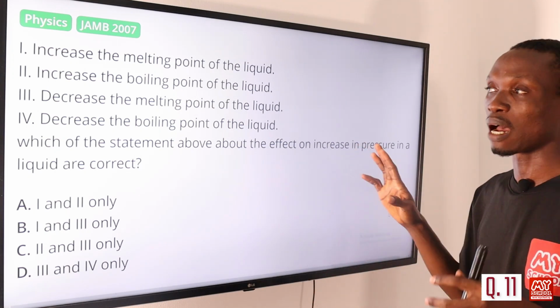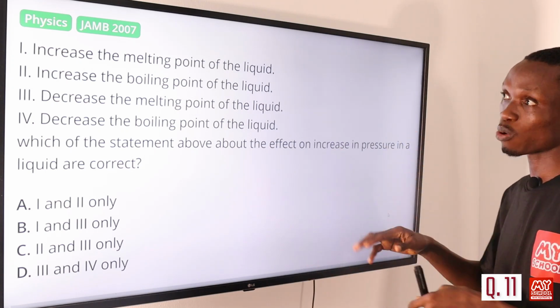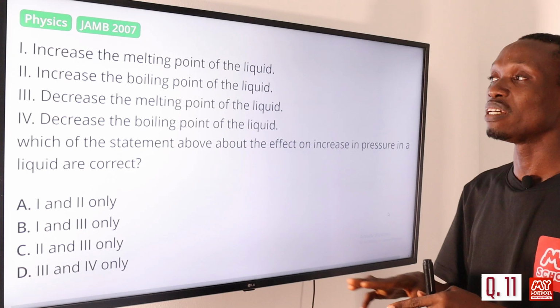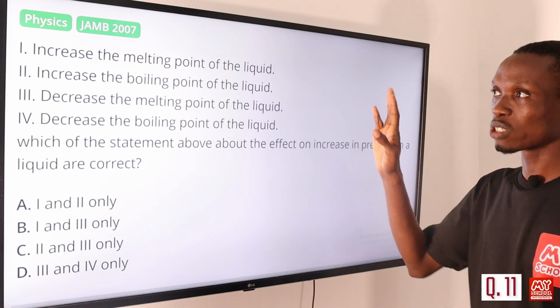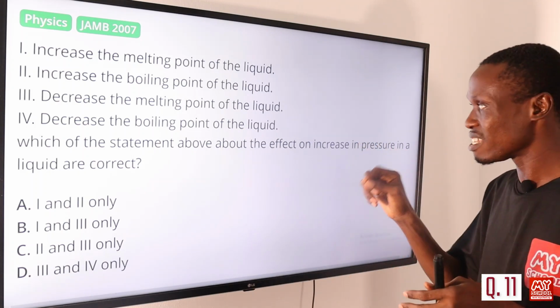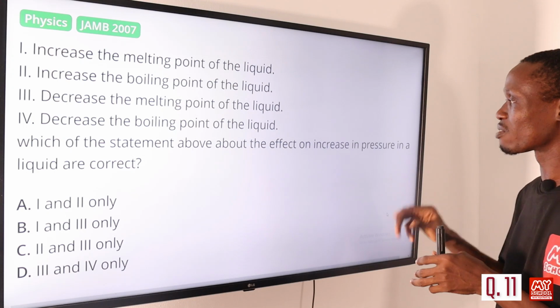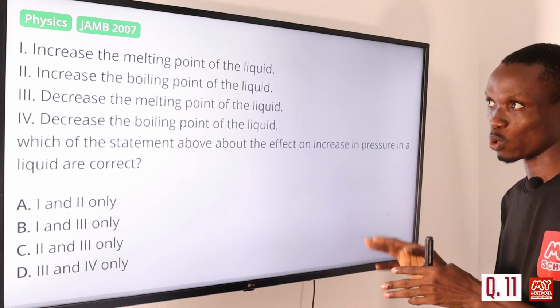So if we are to analyze this, generally an increase in pressure will lead to an increase in the melting point of most substances. Now, for us to get the effect of increase in pressure on substances, we are going to analyze it this way.